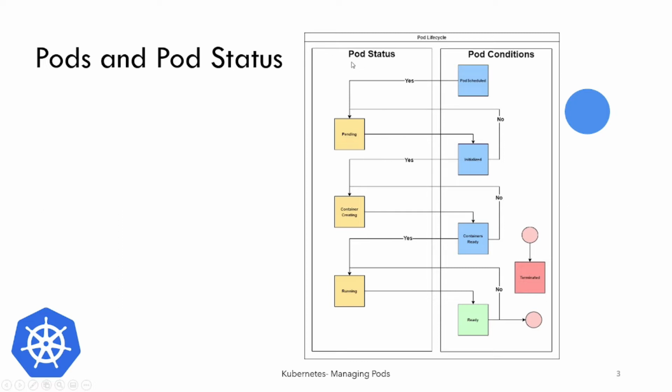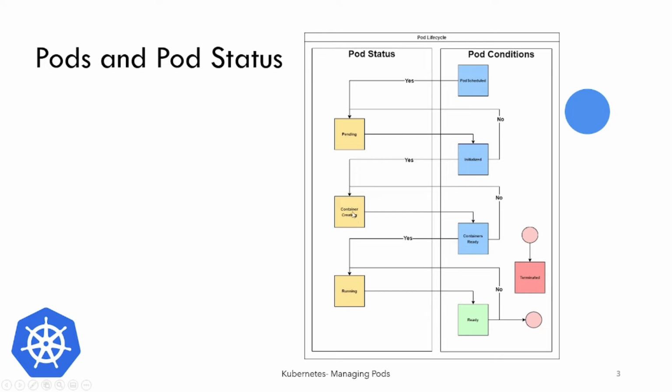So there is a pod status, and to move to the next status, it should go through certain pod conditions. First things first, for the pod to go into the pending state, it should be scheduled. Once it goes to the pending state, it then initializes the pod, so that condition is checked. If it is initialized, then it goes into the container creating mode.